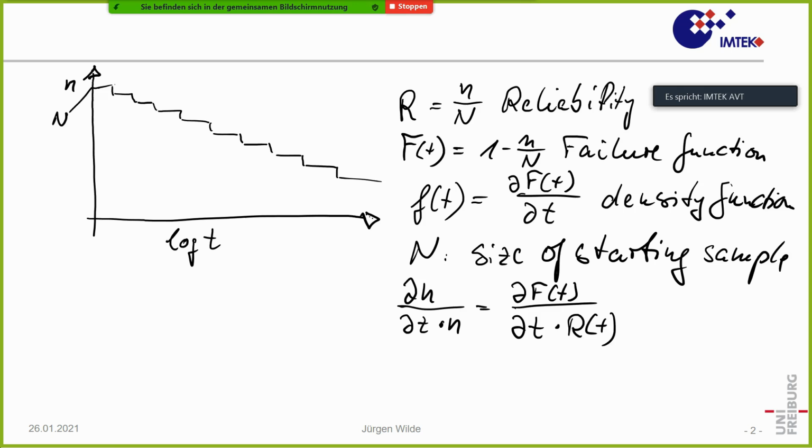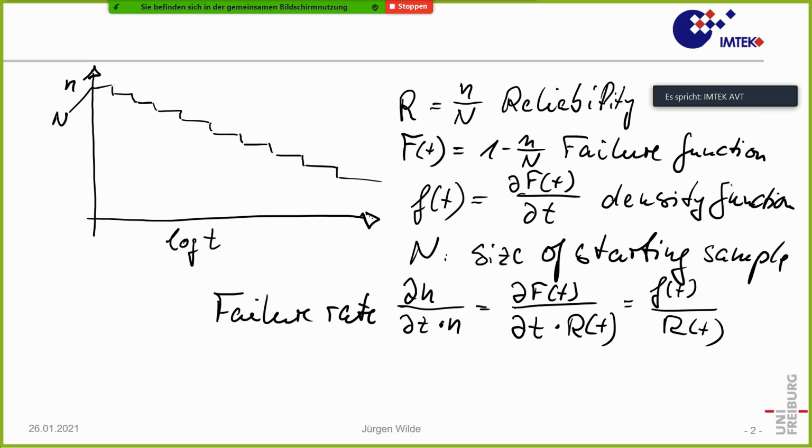We could also transform the formulas, and you say it's the dF(t)/dt divided by the reliability, because reliability is the surviving portion. Or you could also say, to make it more simple, the failure rate is just the density function divided by the reliability.